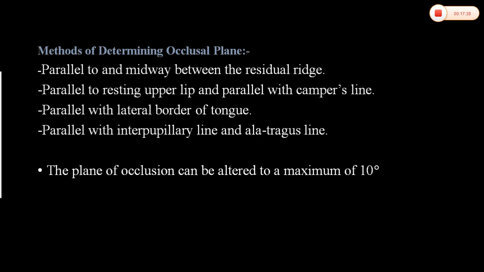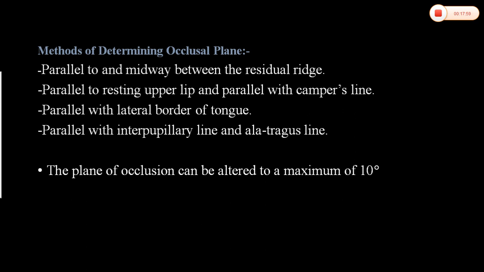Another method of recording the occlusal plane is that it should be parallel to and midway between the residual ridges. Boucher says that when you take the maxillary and mandibular arches and the vertical relation is determined, you have to provide the occlusal surface or occlusal plane midway between these separated maxillary and mandibular edentulous arches.